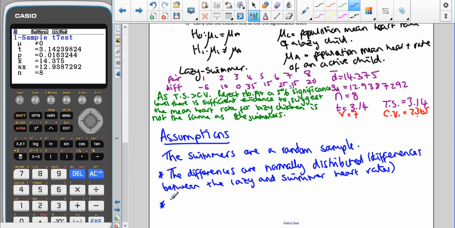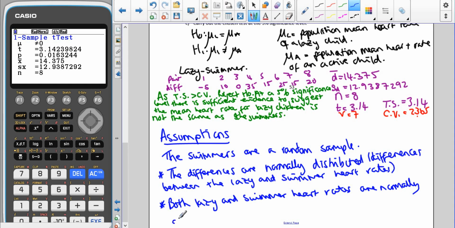Or we can say that both lazy and swimmer heart rates are normally distributed with a common variance.